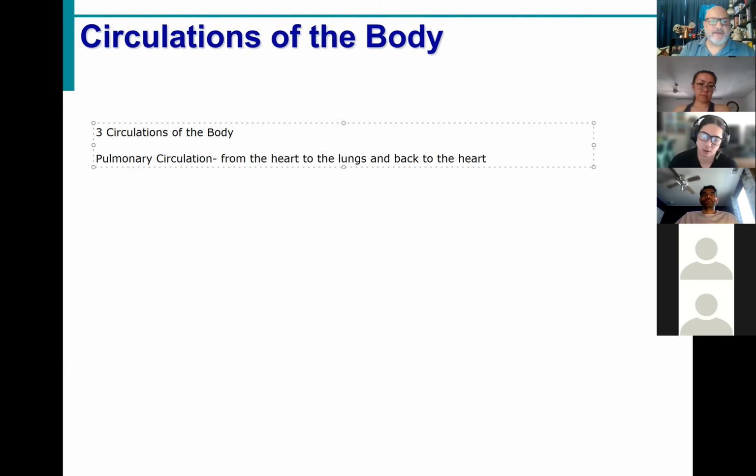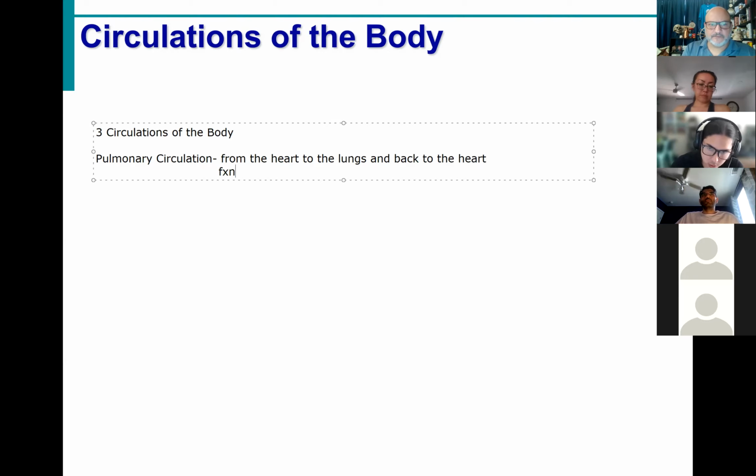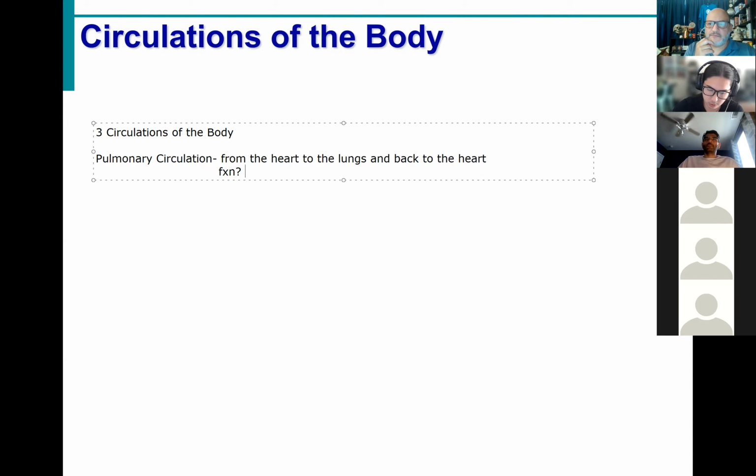Excellent. Why? What's its function? To reoxygenate, or to make the blood more oxygen rich? Do we just care about oxygen? No, the carbon dioxide. Yeah, so the function is indeed gas exchange.